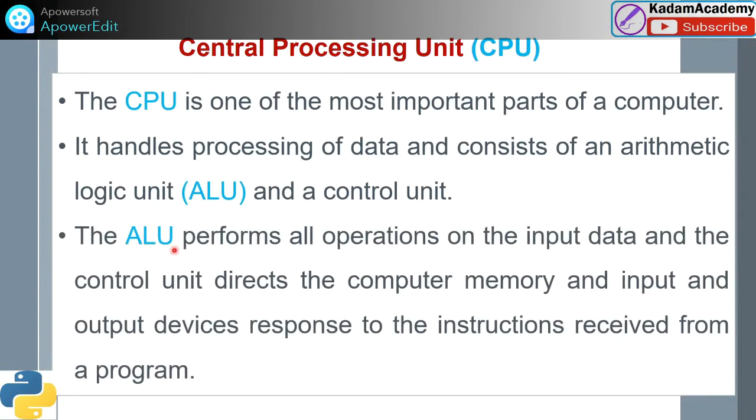The ALU performs all operations on the input data. Whatever input data we have given, the arithmetic logic unit will perform the operations, and the control unit directs the computer memory and input and output devices to respond to the instructions received from a program.